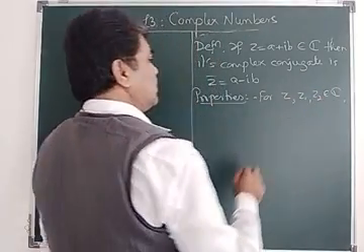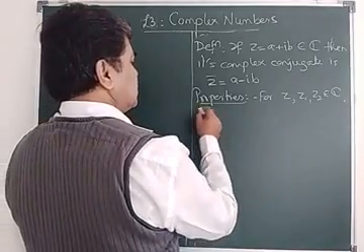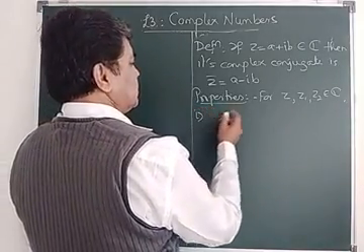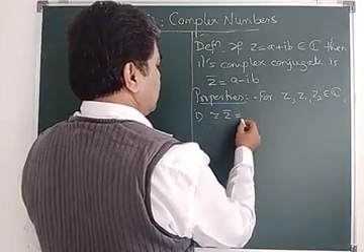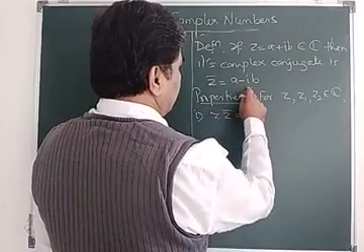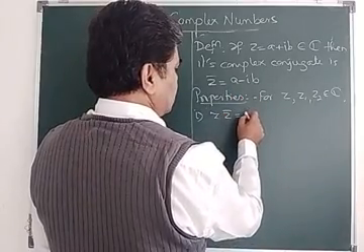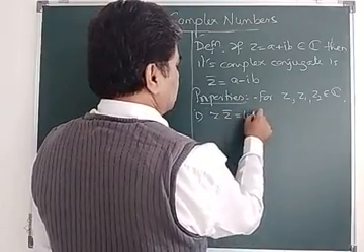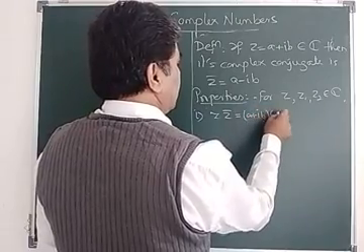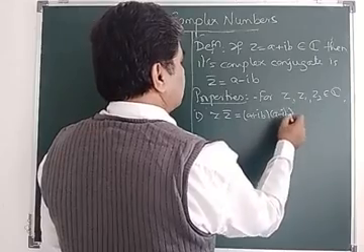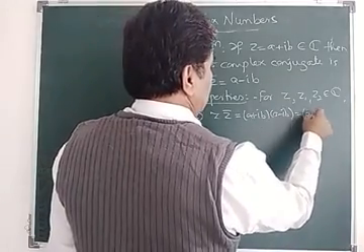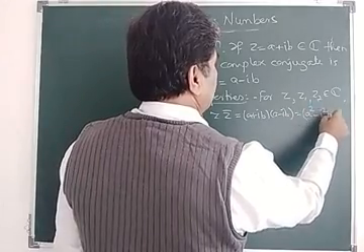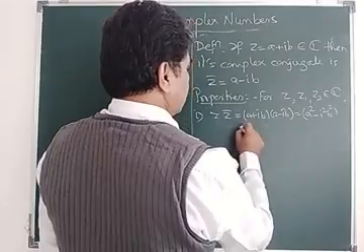If I have a complex number like this, first z into z bar, a plus ib into a minus ib. If you simplify this, it is precisely a square minus i square b square, but i square is minus 1.